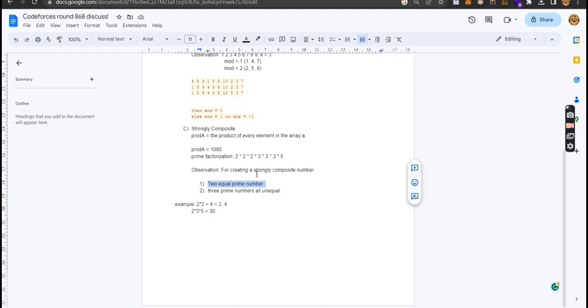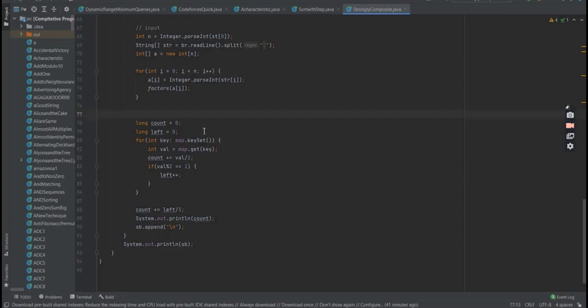So we'll use the minimum number of prime numbers to create a composite number. So we'll prioritize using the first arrangement to calculate strongly composite numbers. And so I'm doing that; count here stores the number of strongly composite numbers using the first arrangement.